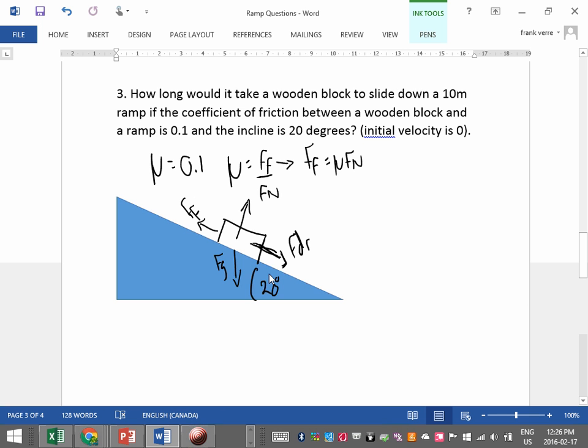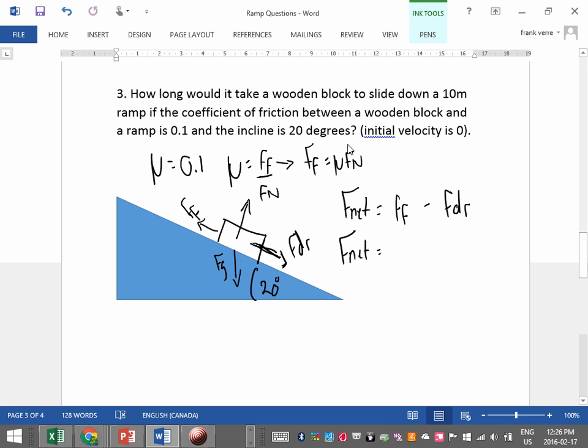Okay. So it would stand to reason if we could figure out the net force, we can solve this. So what do you think the net force would be in this case? It would be the sum of what two things? Yeah. Friction minus force down the ramp, right? Because friction is preventing the object from sliding down the ramp, and the force down the ramp is trying to make the object slide down the ramp. Okay, so what's our friction? Well, it's mu Fn, but what is Fn?